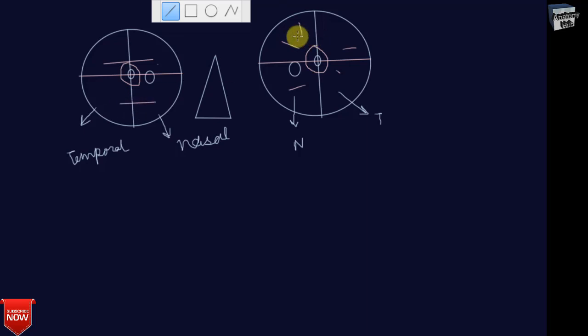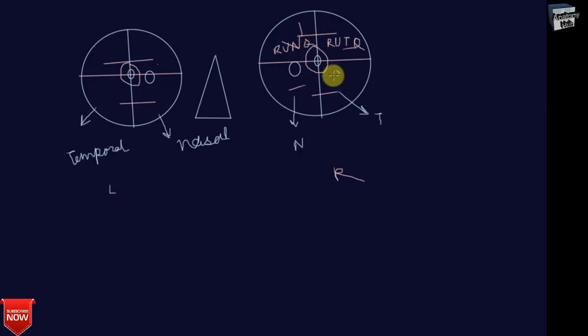So here also you will find the upper quadrant and the lower quadrant. If this side is the left eyeball and this is your right eyeball, then this side will be your right upper temporal quadrant and this will be your right upper nasal quadrant.